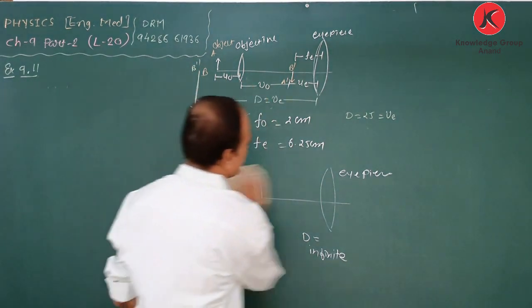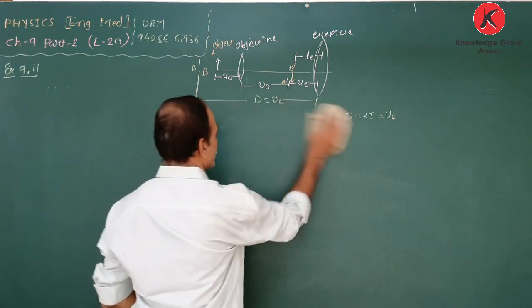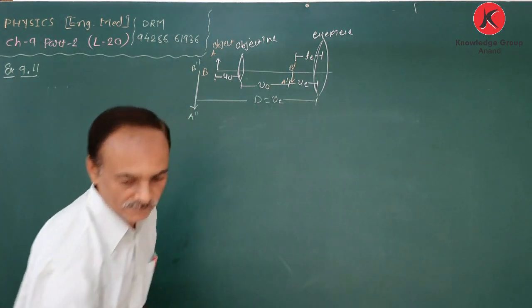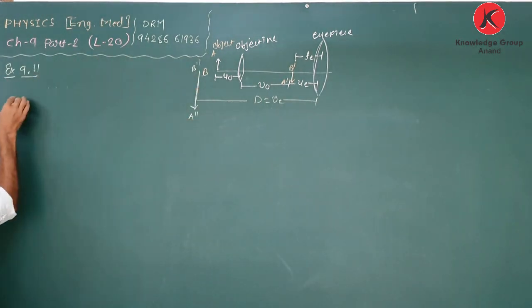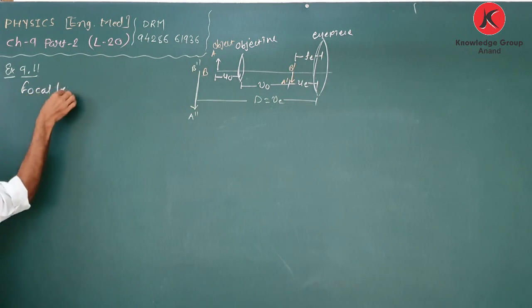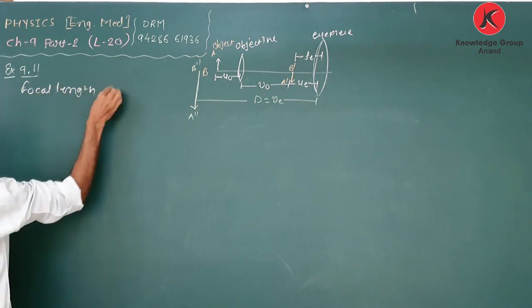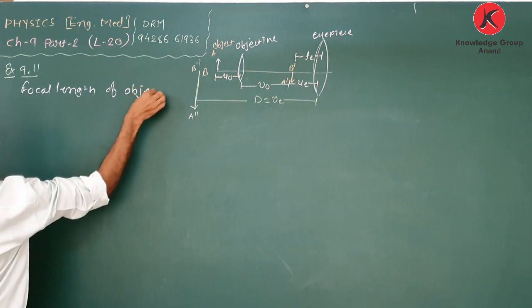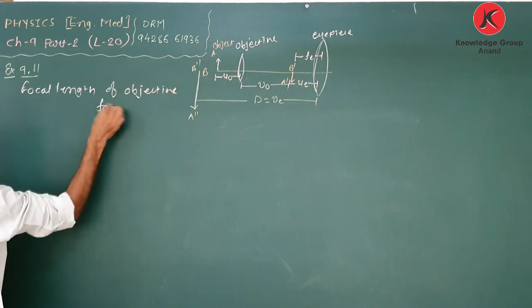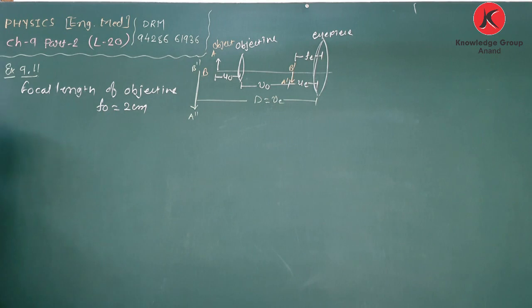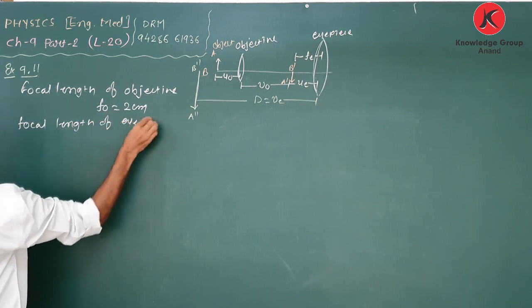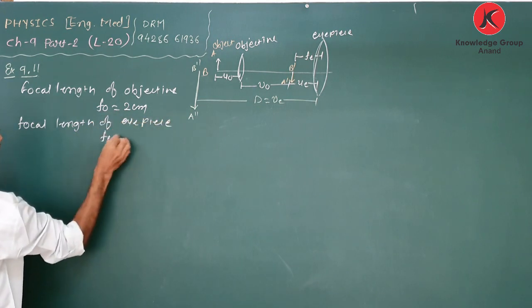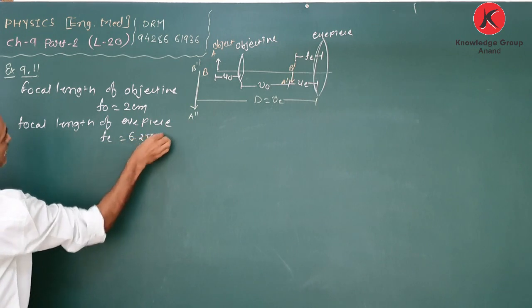Whatever data are given, this figure is only for information. Now the focal length of the objective, FO, is given as 2 centimeter. The focal length of the eyepiece, FE, is given as 6.25 centimeter.